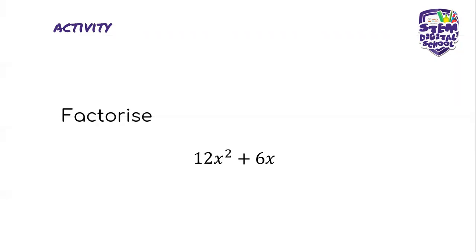Let's factorize. We've got 12x squared plus 6x. I see Sakile, I've noted your first one, the 4m minus 8, which is equal to 4 into 1m minus 2. I hope I'm not fast.